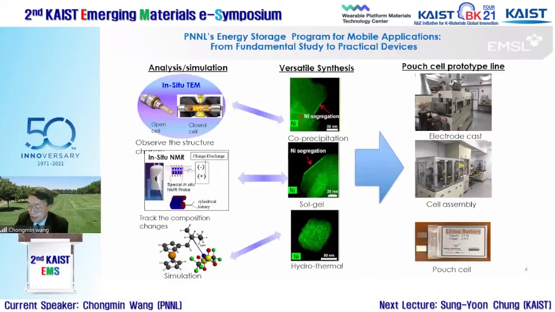In our laboratory, we have a range of materials synthesis at the center. We have characterizations with different techniques, and for materials in their applications, we have different scales of fabrication, like pouch cells, for example, for batteries. This integration together really moves the field forward.